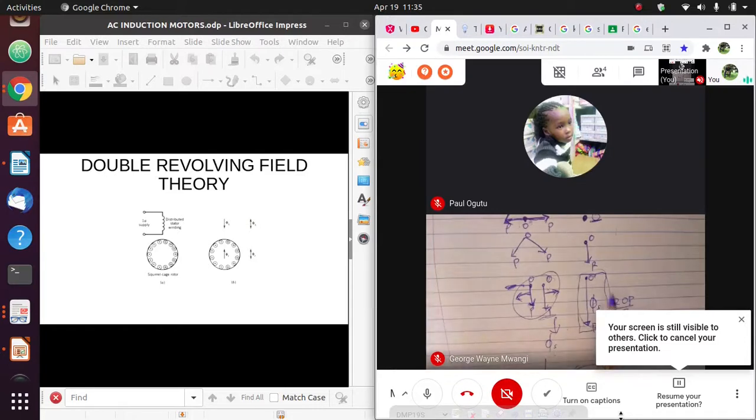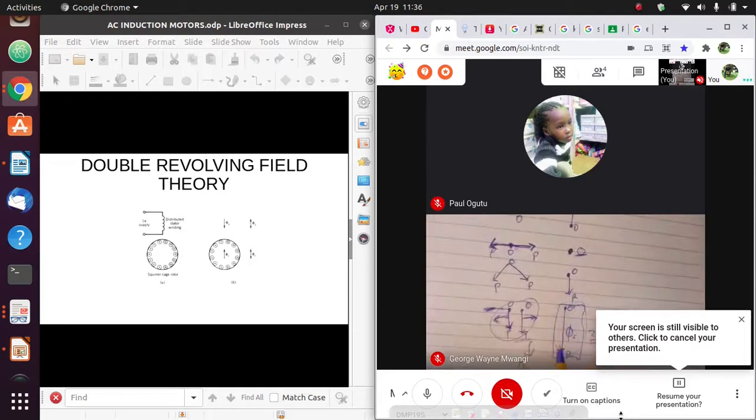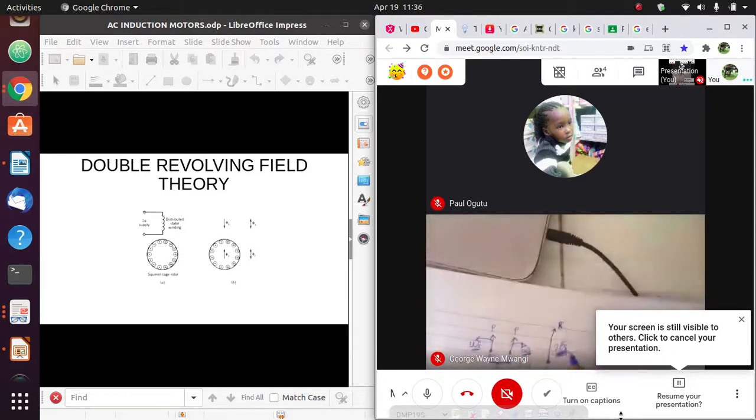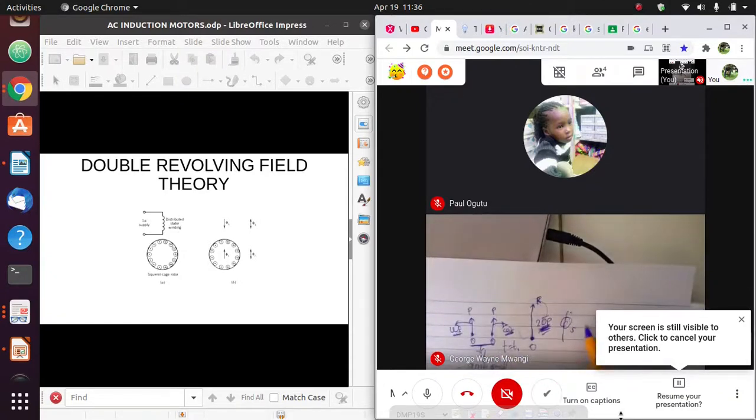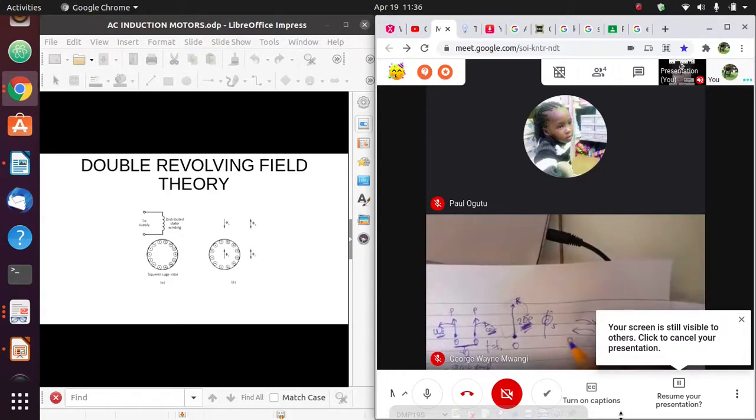So we can represent the flux produced by the single phase. This means that if 2OP is the flux produced by the stator, this flux can be represented as two rotating fields that are rotating at the same speed but in different directions.